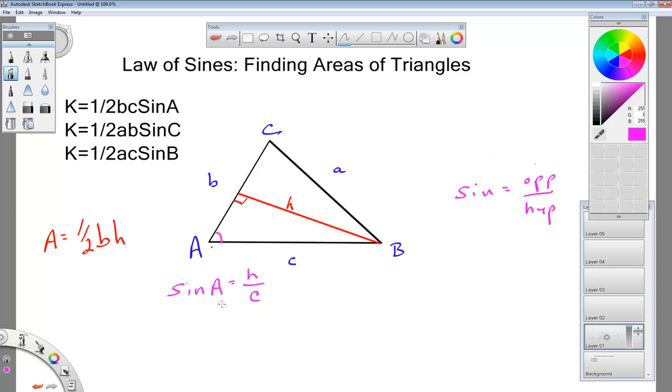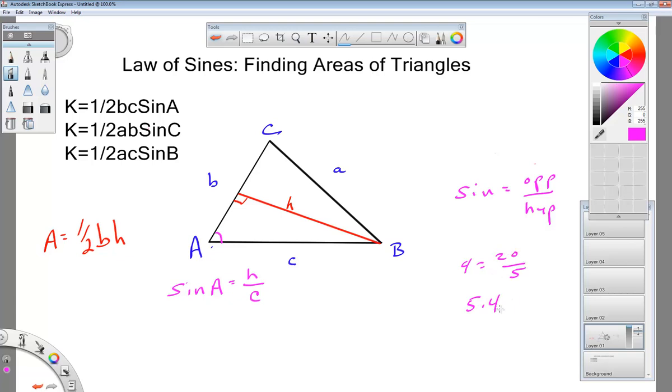If we turn around and solve this for h, just like if we know that 4 equals 20 over 5, and I want to know what 20 equals, it equals 4 times 5.